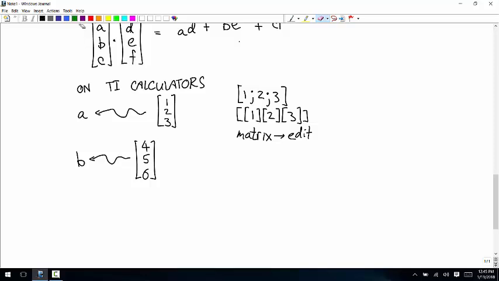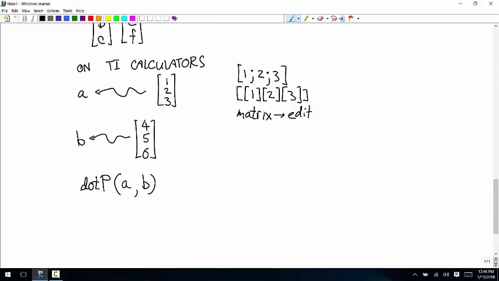Then the command you use is just dot with the arguments A, B. And the way you get to that function is go to catalog, or I guess you can find this on some calculators in catalog.